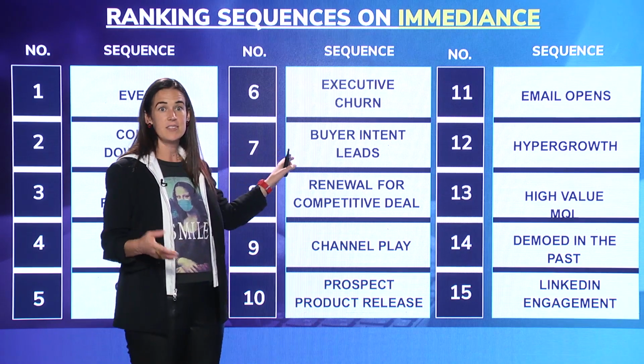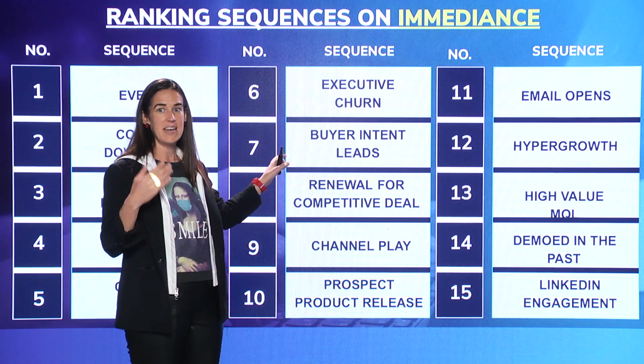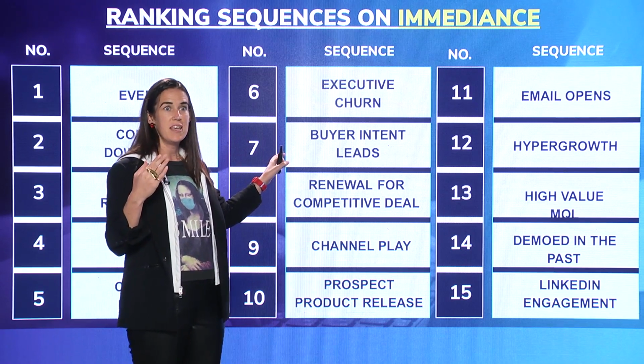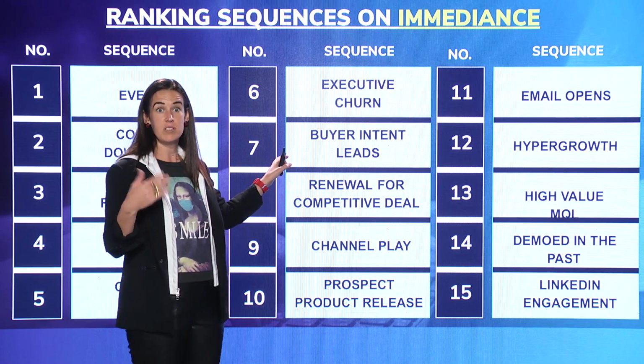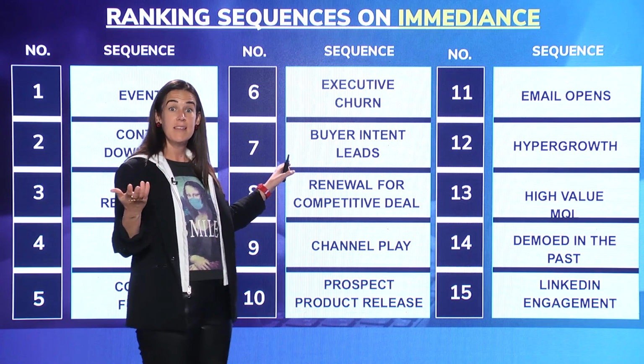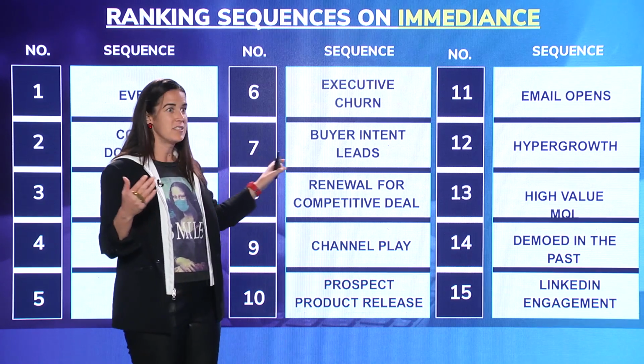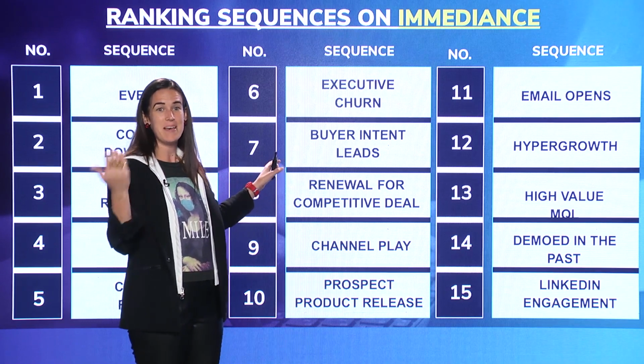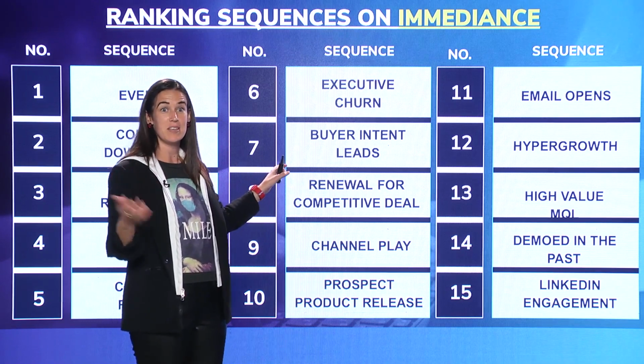Number 7, buyer intent leads. Buyer intent is if someone is researching your software on, let's say, a third-party review site like G2, then that's going to be a buyer intent lead, because they can pipe that data back to you that a company was looking at your software.